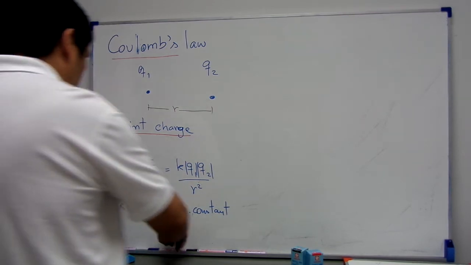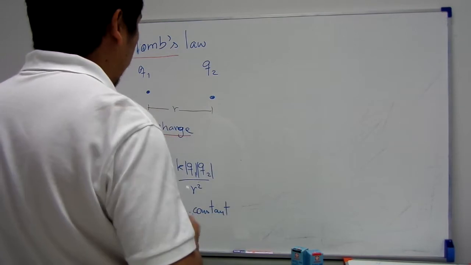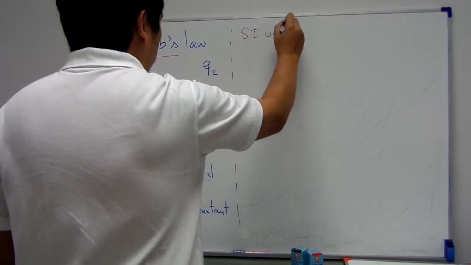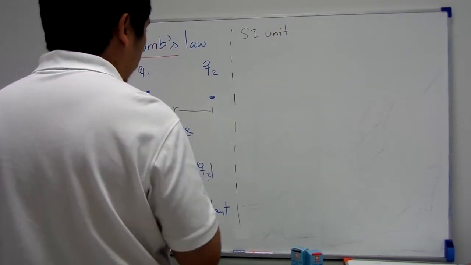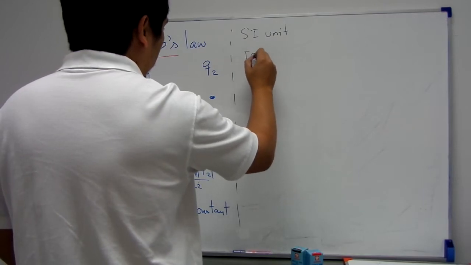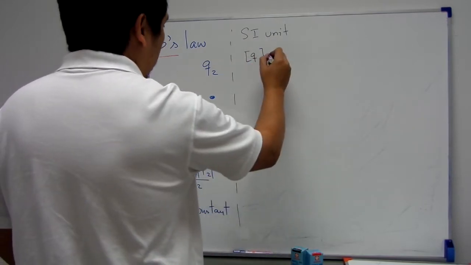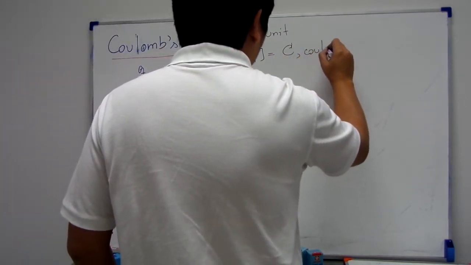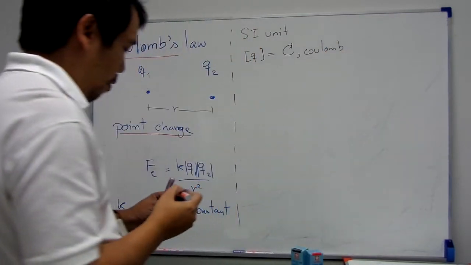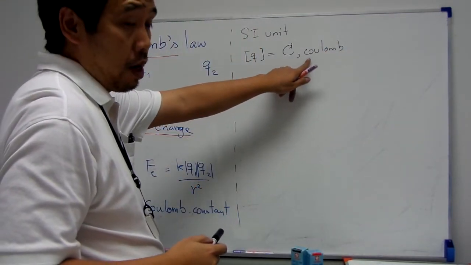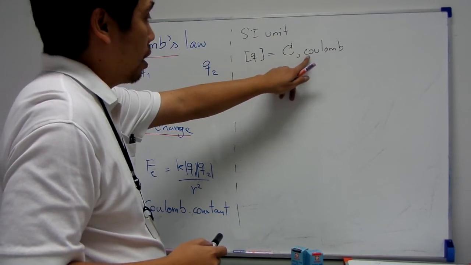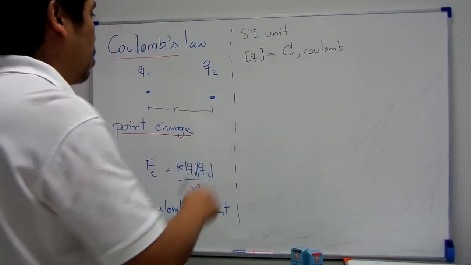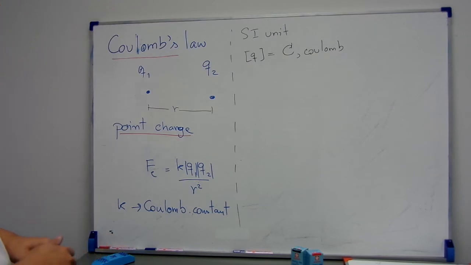If we use SI units, the unit of both Q1 and Q2 is the coulomb. If you write it in the full name, the first letter is small, but if you use it in short, it is a capital C. So in SI units, the charge has a unit of coulomb.